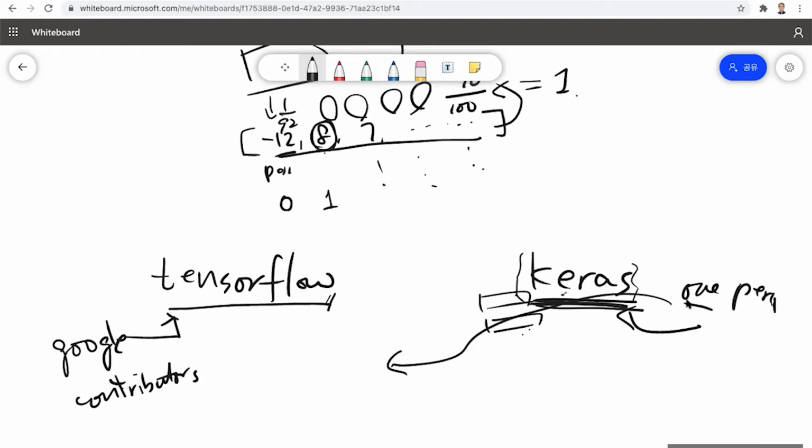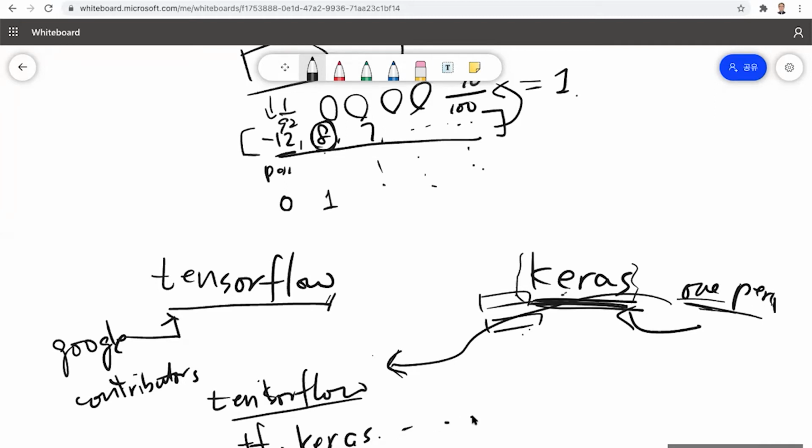I don't know if right now he is working for TensorFlow, but some time ago he definitely worked for TensorFlow. From that time, TensorFlow extended their model. The original version of TensorFlow does not have Keras, but at some point after TensorFlow hired this guy, it has tensorflow.keras dot something.